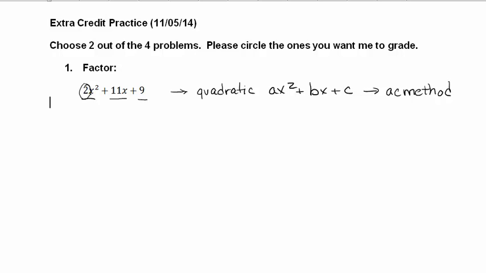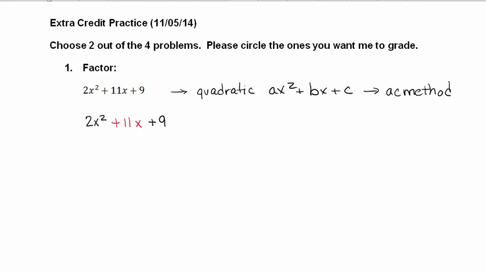Okay, so let me go ahead and erase this. And I'm going to rewrite our quadratic here. I'm going to have 2x squared, and plus 11x, the middle term. I'm going to make it red, and plus 9.